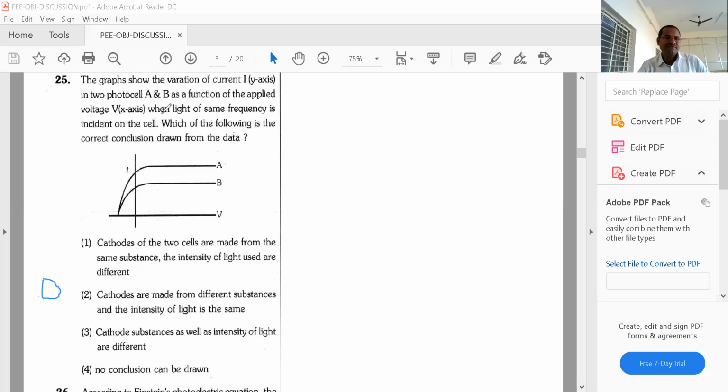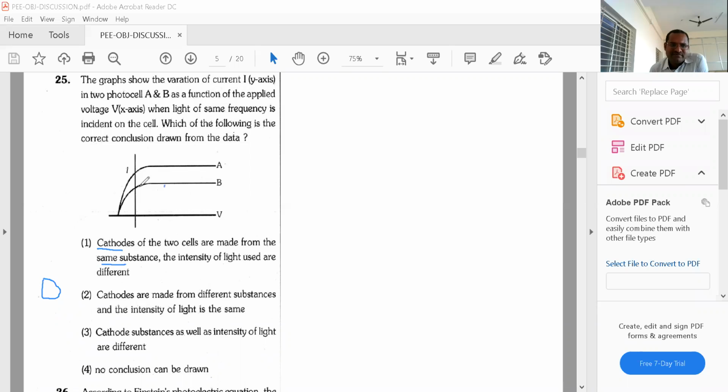When light of the same frequency is incident on a photocell, the frequency is the same. Which of the following is a correct conclusion drawn from the data? The first option says the cathodes of the two cells are made up of the same substance, but the intensities of light are different.